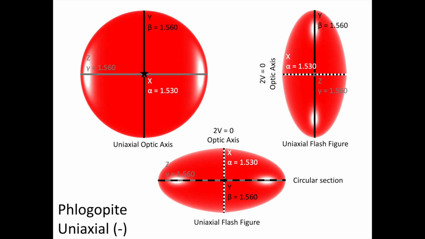All of this comes back to when we looked at the optical properties of our phlogopite, and when we generated our interference figure for our phlogopite, it looked pretty uniaxial. So, is this actually a uniaxial optic axis interference figure, or is this just a biaxial interference figure with such a small 2V I can't tell the difference? I genuinely don't know, and we need additional tests in order to figure this out.